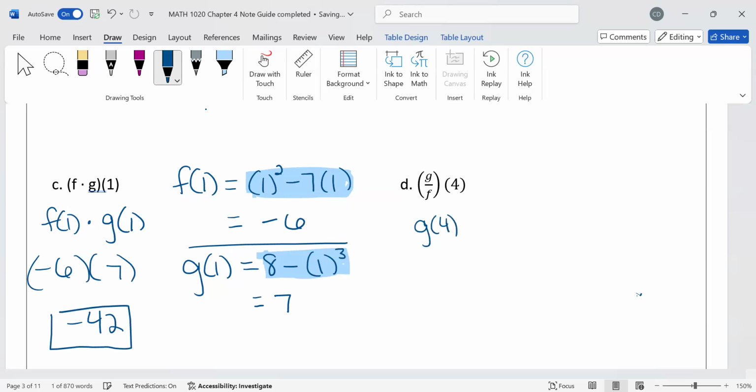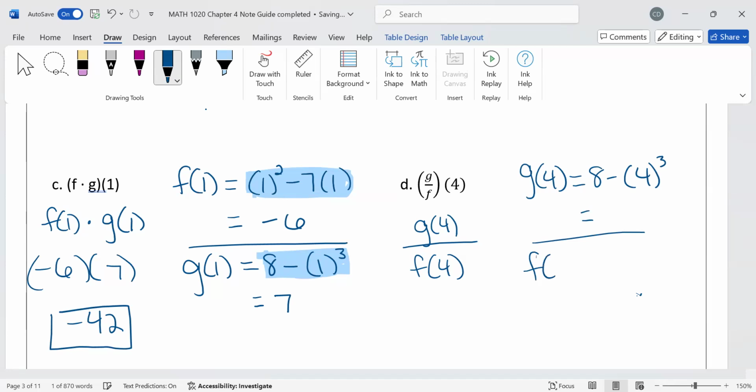So our last one, again, f's not on top on this one, g is. So we have g of 4 over f of 4.